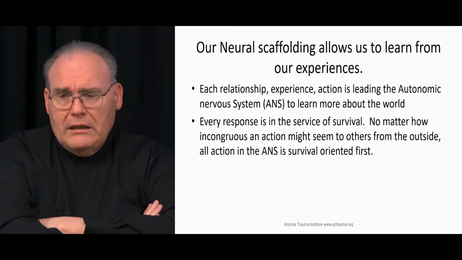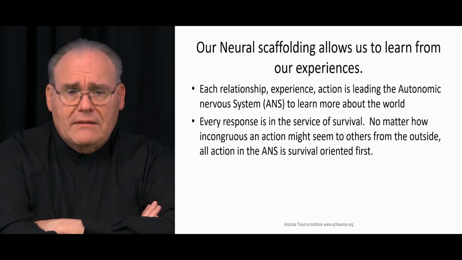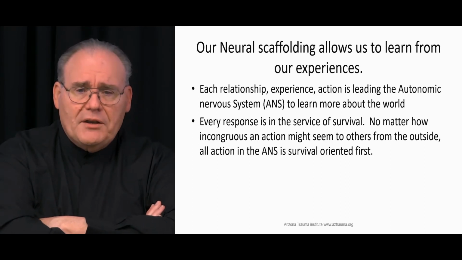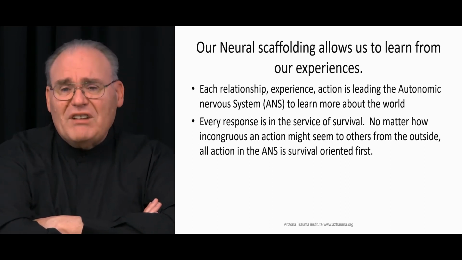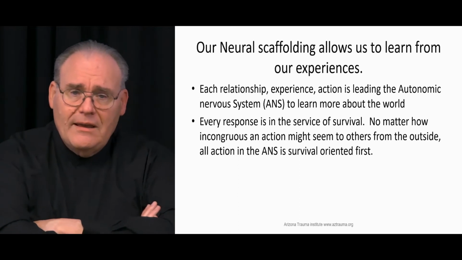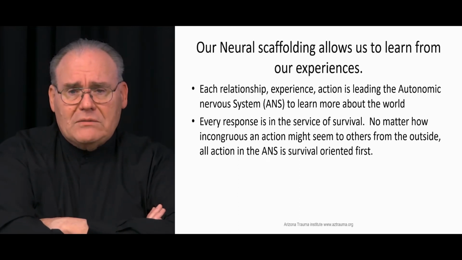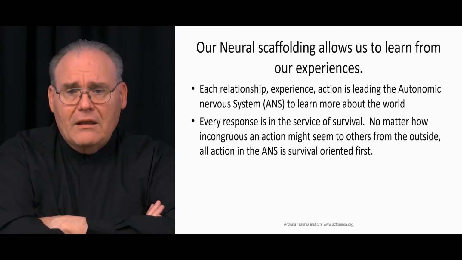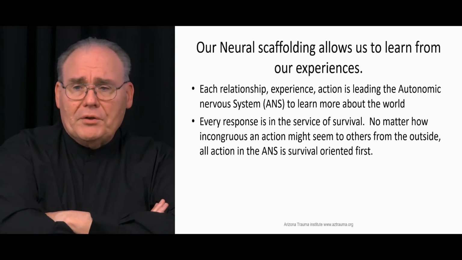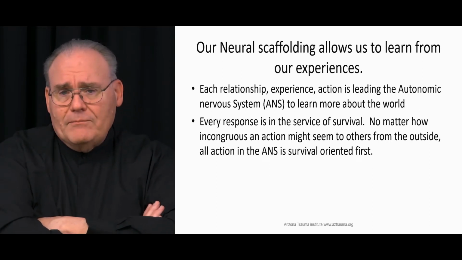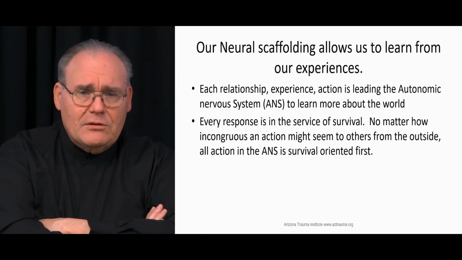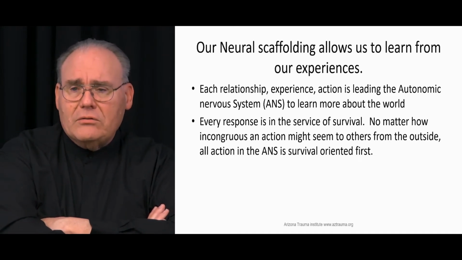But we know as a point of fact that most action in the autonomic nervous system is going to be survival oriented first. If they can stay in their range of tolerance and they're thriving, then they will have alternative responses. But we are designed by nature to be survival-oriented creatures.